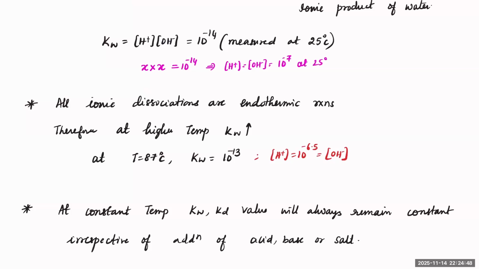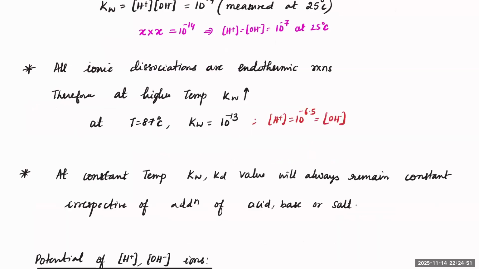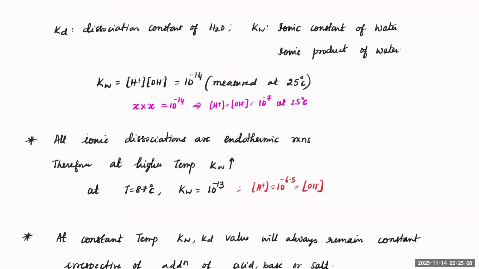But at 87 degrees centigrade, the same concentration changes to 10^-6.5. Both will be equal, but now the value of the H+ or OH- concentration has increased. Everybody understood? Every ionic equilibrium is an endothermic reaction.